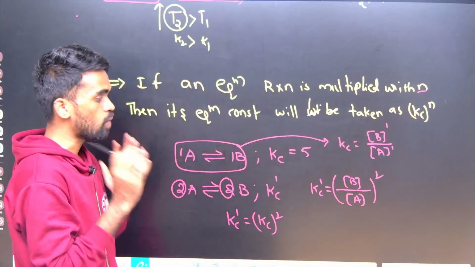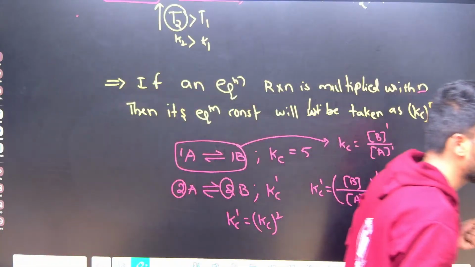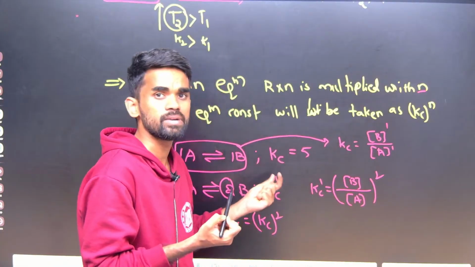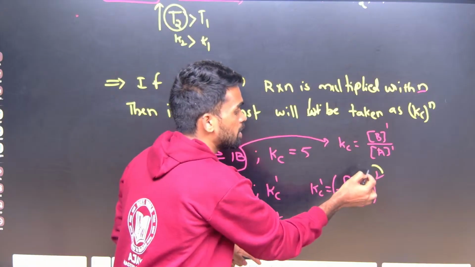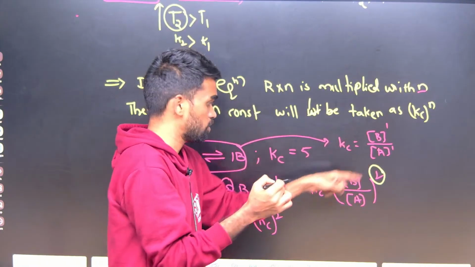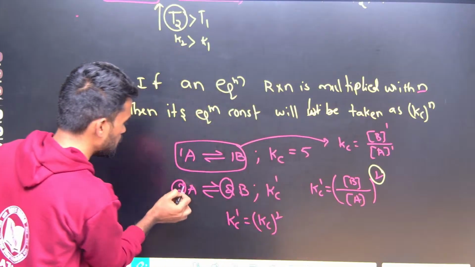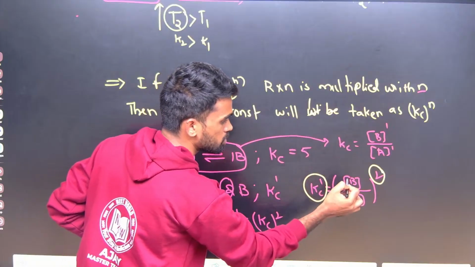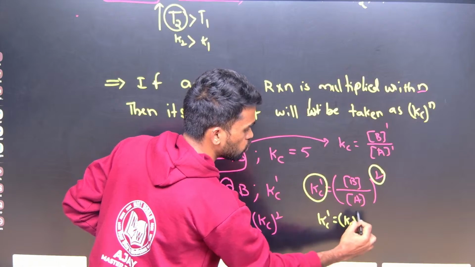That's it. So what happened, if an equilibrium reaction is multiplied with some number n, therefore its equilibrium constant will be taken as the power of that number whatever you have multiplied here. So here I am multiplying with 2, so therefore its new equilibrium constant Kc dash becomes equals to Kc to the power 2. That's it.